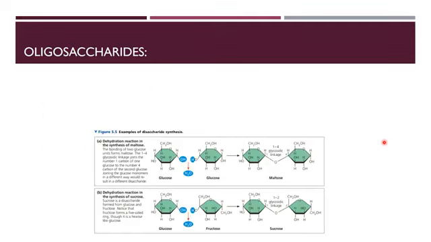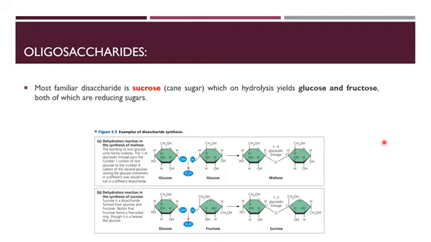Now about the oligosaccharides, we'll discuss their structures. The most familiar disaccharide is sucrose, which is made up of glucose and fructose, and its molecular formula is C12H22O11. You can see here, sucrose is formed by the combination of this glucose with this fructose.